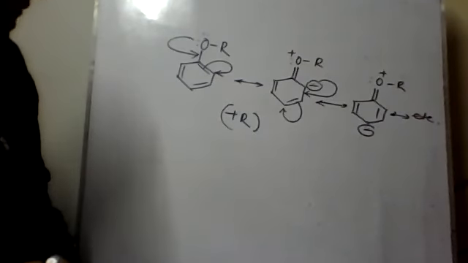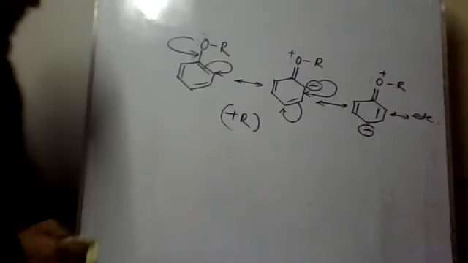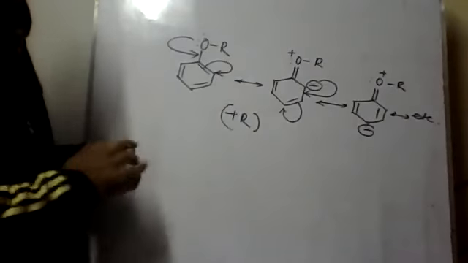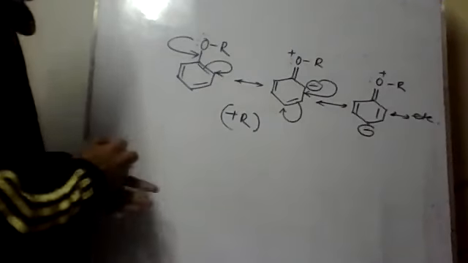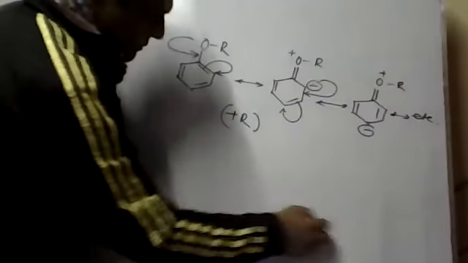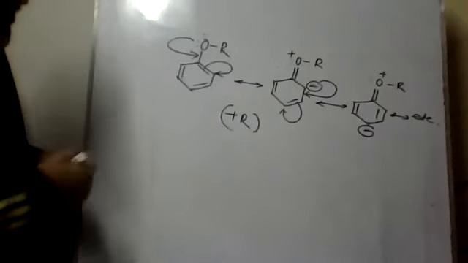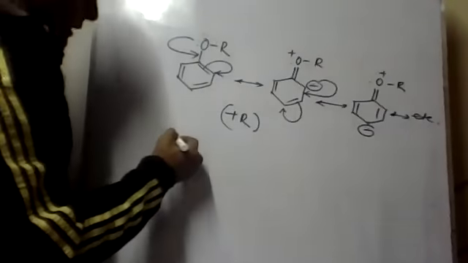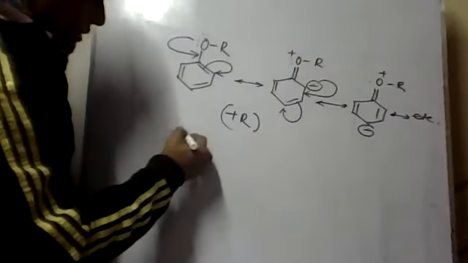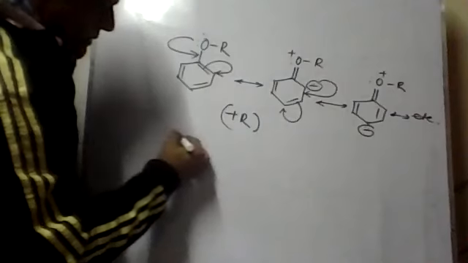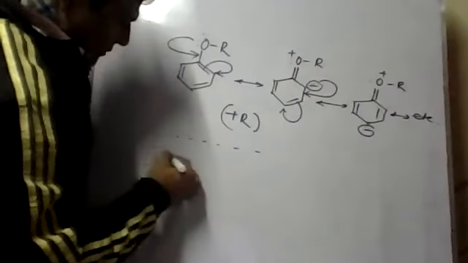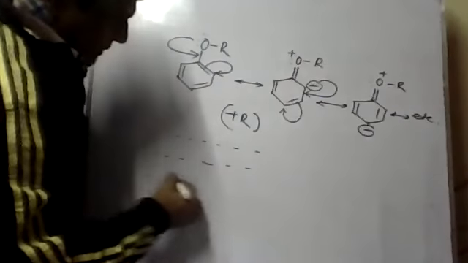The next one: ethers are polar in nature. In this question you only draw these diagrams, no need to write anything extra. Due to plus R resonance, ortho and para acquire negative charge, you have to write. So electrophiles will attack at ortho and para position.